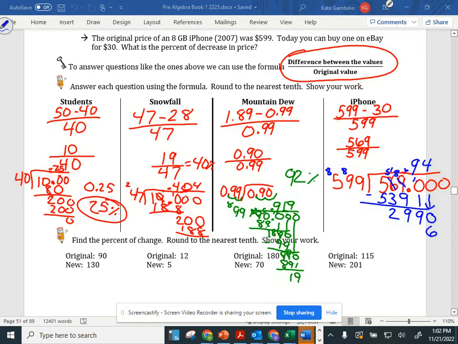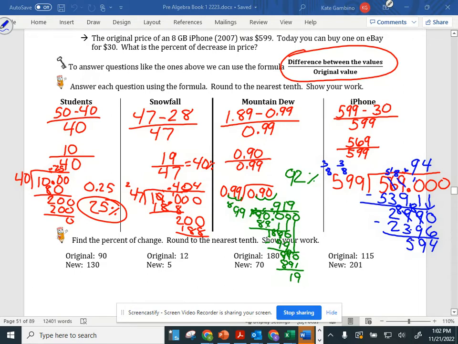4 times 9 is 36, plus 3 is 39. 4 times 5 is 20, plus 3 is 23. Subtract that out. 10 minus 6 is 4. I need to keep on borrowing. 18 minus 9 is 9. 8 minus 3 is 5.